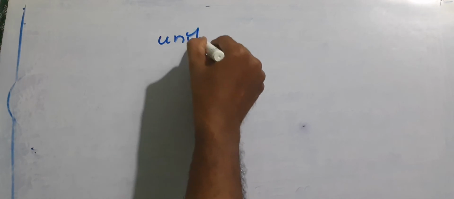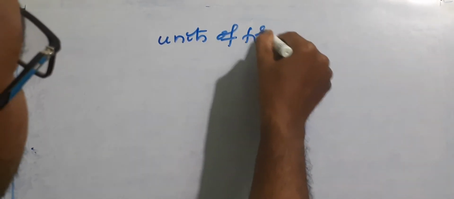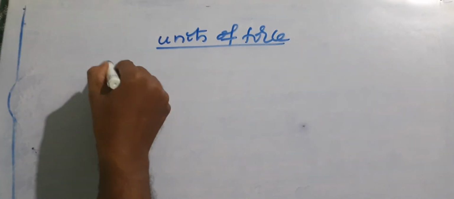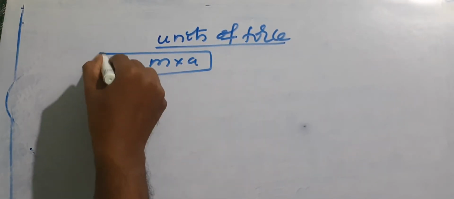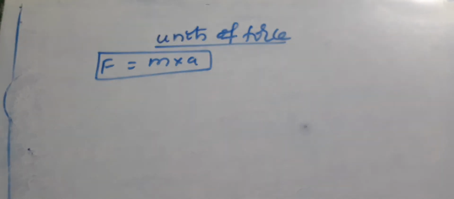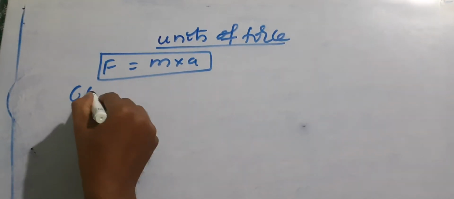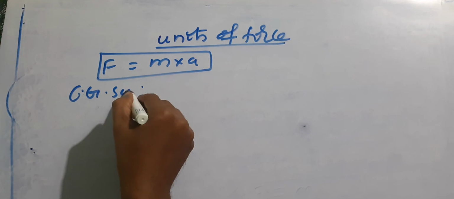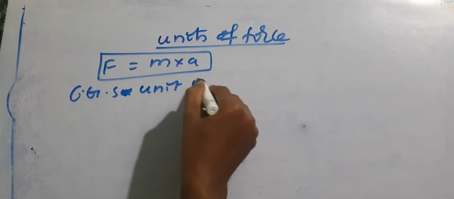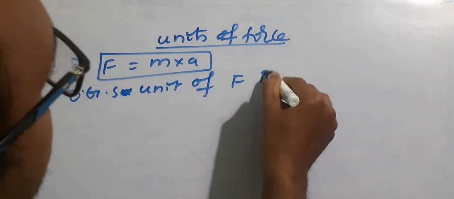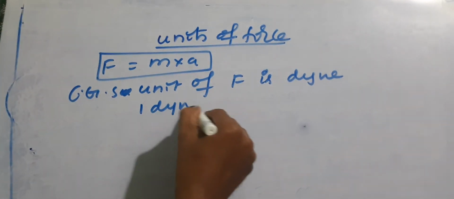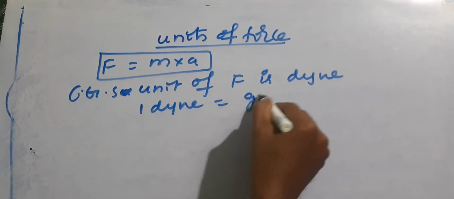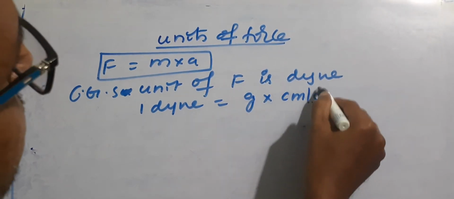So now the units of force, students. You know force is given by the formula mass into acceleration, that is the product of mass and acceleration. The CGS unit of force is dyne, and one dyne is equal to mass in gram and acceleration in centimeter per second square.